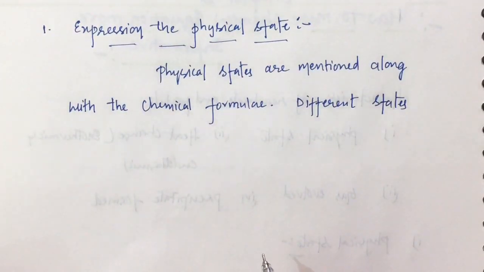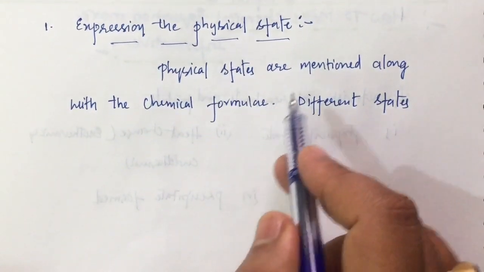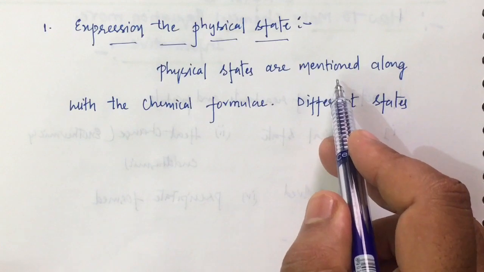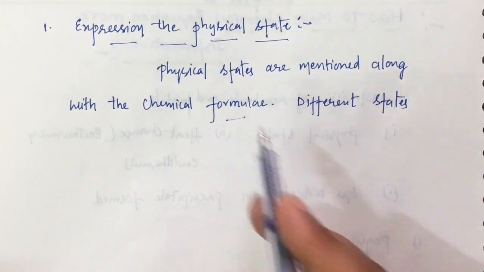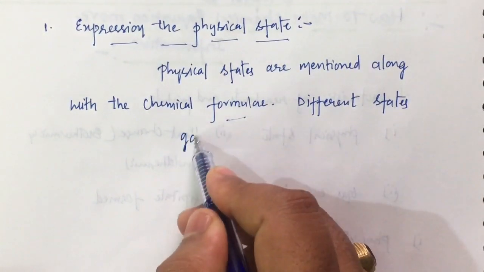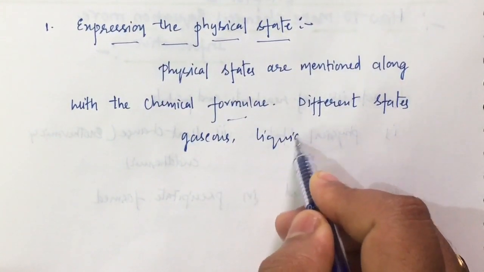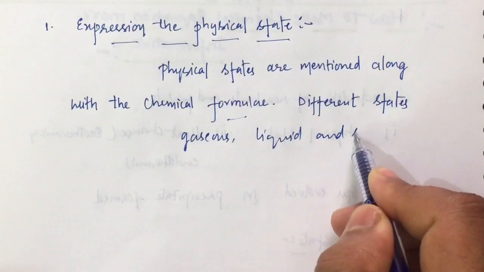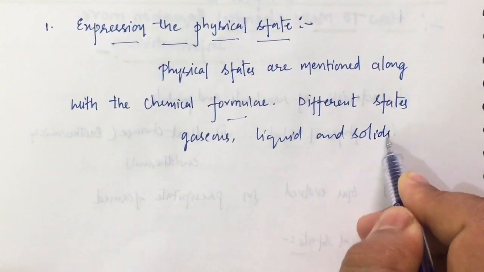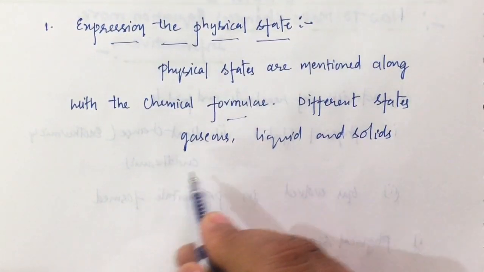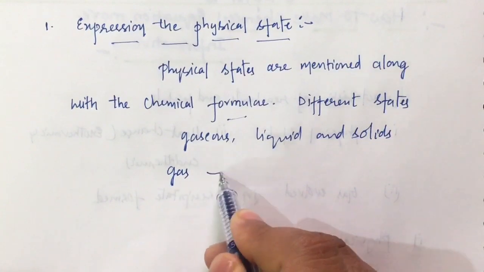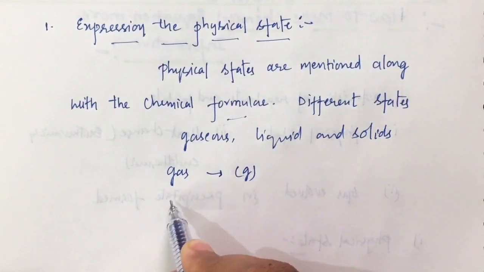So to make a chemical equation more informative, the physical states of substances are mentioned along with their chemical formula. The different states are gaseous, liquids and solids, and are represented by notation. If it is a gas, it is represented by notation small g.